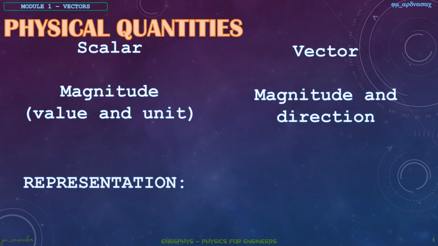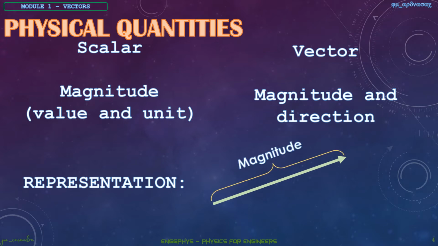Okay? So for our representation of a vector, normally we represent it by an arrow. And for this, the length of the arrow will simply represent our magnitude.